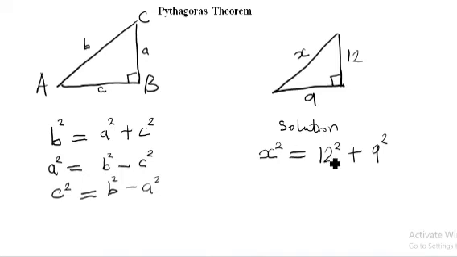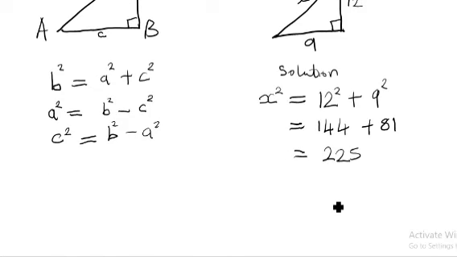12 squared gives you 144, and 9 squared gives you 81. This gives you 225. To remove the square, we take the square root of both sides.